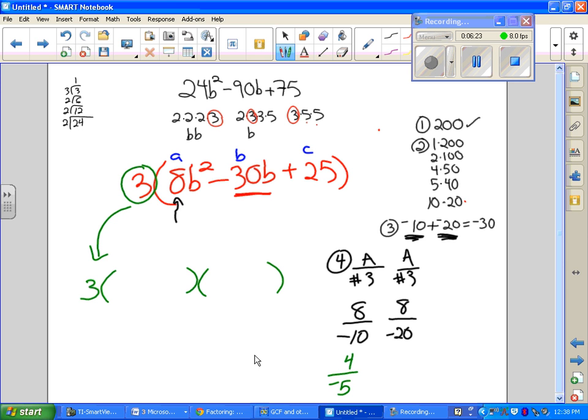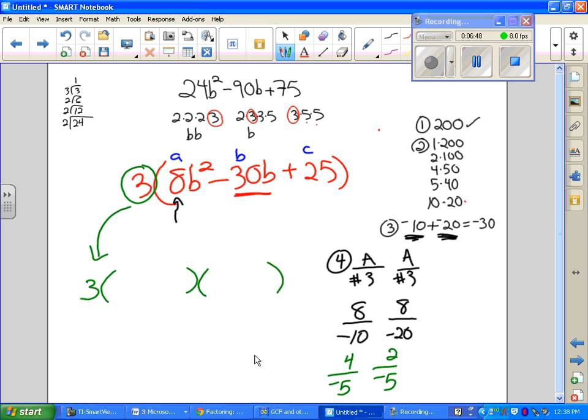I want that negative to be associated with the 5. And the other one, 8 over negative 20, I won't use the calculator for this one. It's easier to use your head if you can. But if you have trouble with mental math, still use your calculator. This will break down to, if divided by 2, 4 over negative 10. Divided by 2 again, it'll be 2 over 5. So it'll be 2 over negative 5.